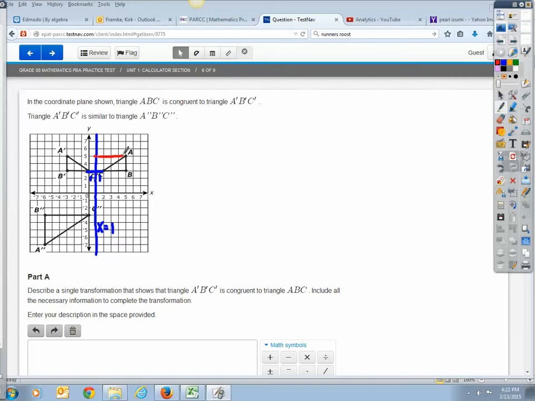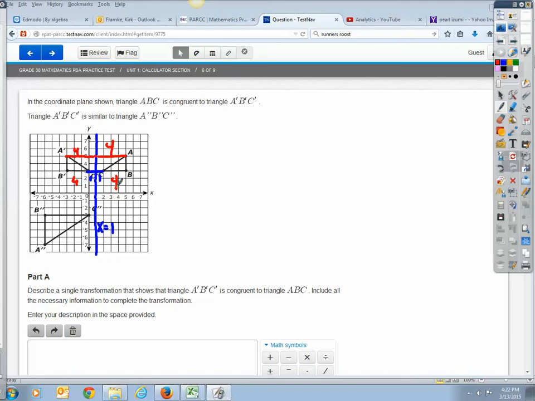Point A is 1, 2, 3, 4 spaces away. And A prime is 1, 2, 3, 4 spaces away. So that's, again, equidistant from the line. And then point B and B prime are also both 4 spaces away. So we know that the reflection over line x equals 1 would give me a congruent triangle.